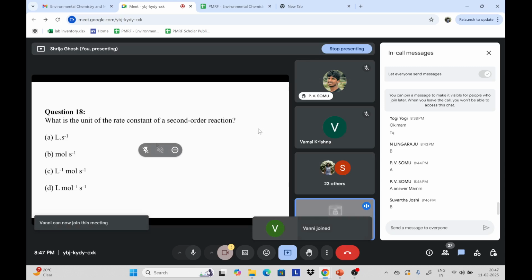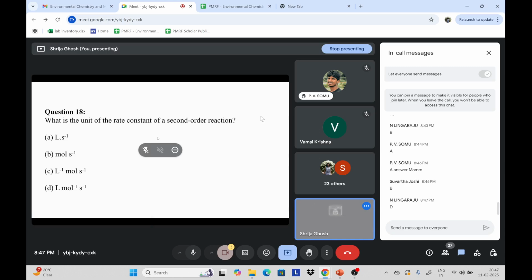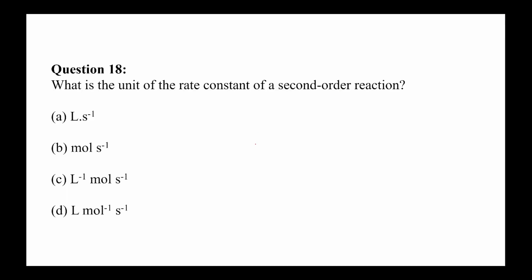Can you all answer this? Yes, option D. That is the correct answer. Very good. So option D.